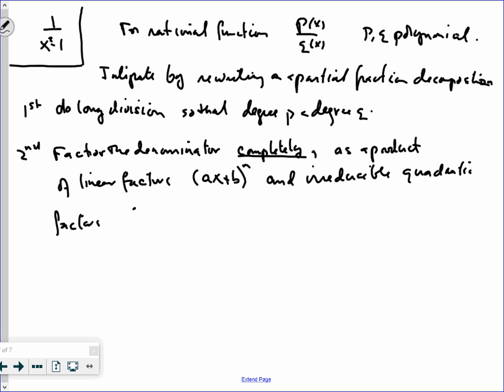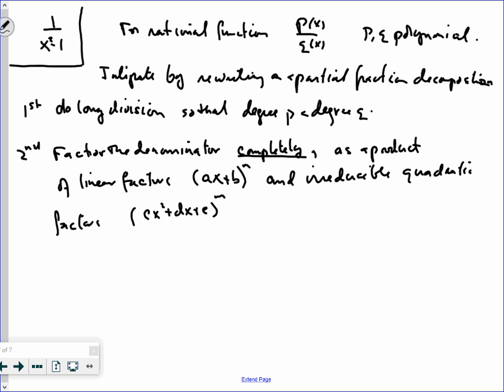Now it'll be something like cx squared plus dx plus e, and they might be to some power as well. If the denominator is a really big high-degree polynomial, then you may have just really messy factors.